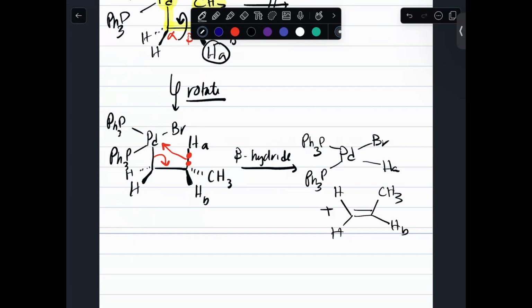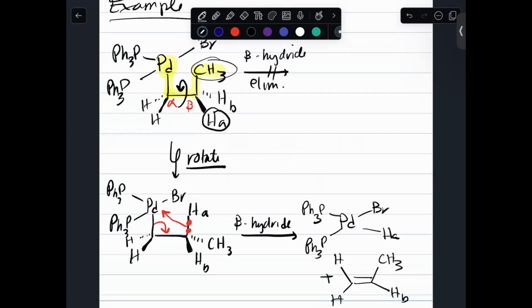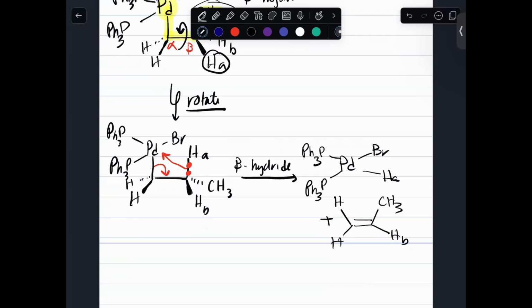So when you don't have a hydrogen syn and instead you have an alkyl group, you have to rotate until one of your hydrogens is syn. This was a pretty easy case because regardless of which hydrogen I added alpha, my CH3 would be cis to a hydrogen. But if there are substituents on here, you always try to form the trans alkene. But we'll get to that as we go through our reactions.